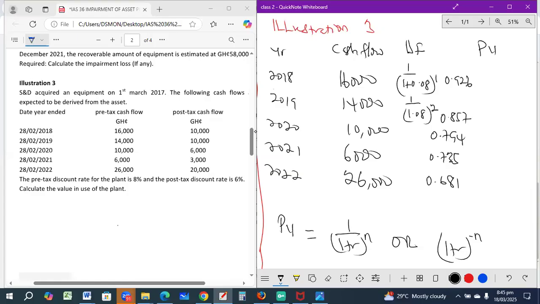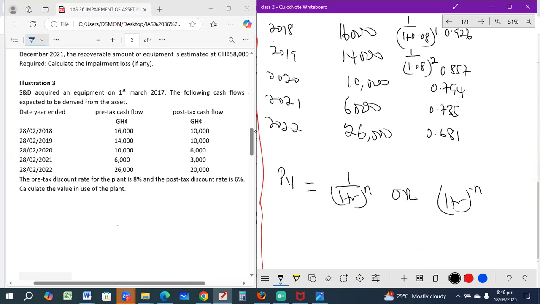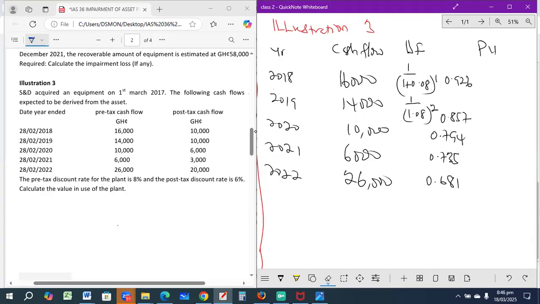All right, so we have discounted these future values toward present value. Now we multiply the discount factor by the cash flow. Another easy way to get the discount factors is this: when you get the first figure, you just divide it by 1.08 for the second year. Then the third year, you divide that answer by 1.08 again, and so on. For instance, the first year, you do 1 over 1.08.